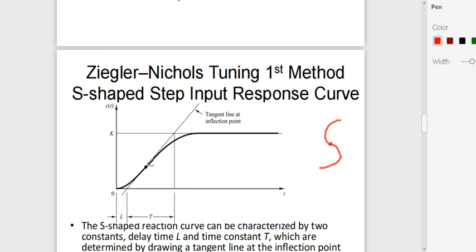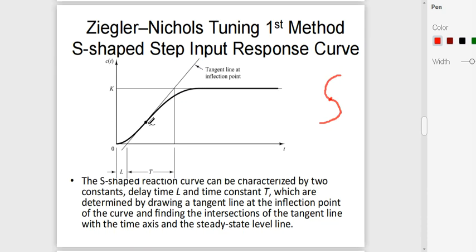At the inflection point we draw a tangent line, and this tangent touches both the x-axis and the steady state level line.